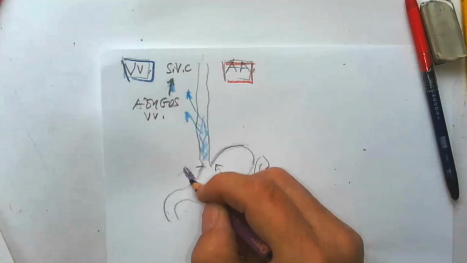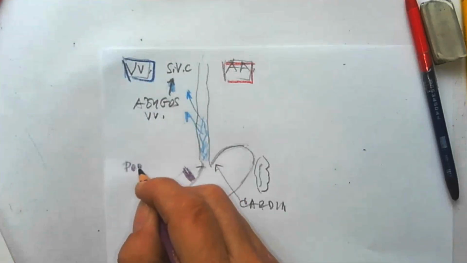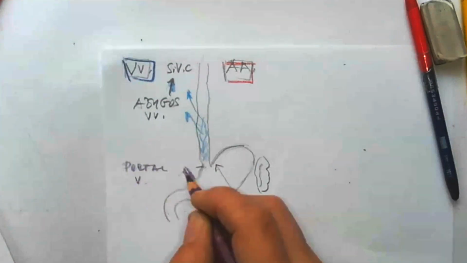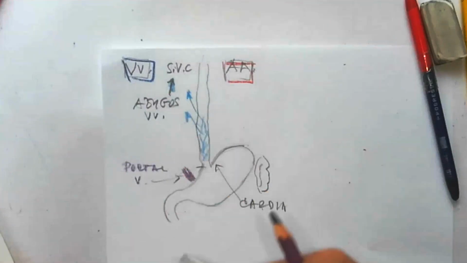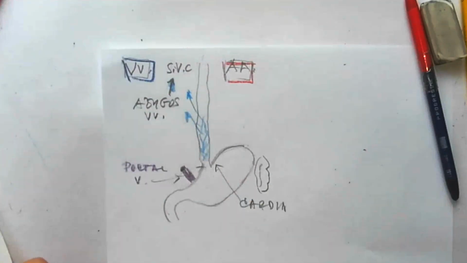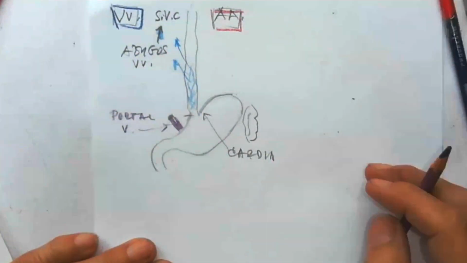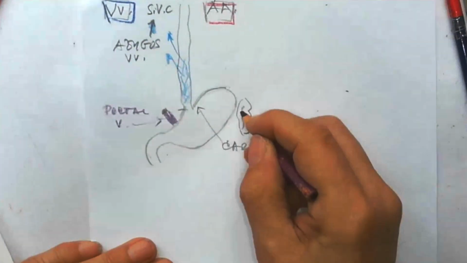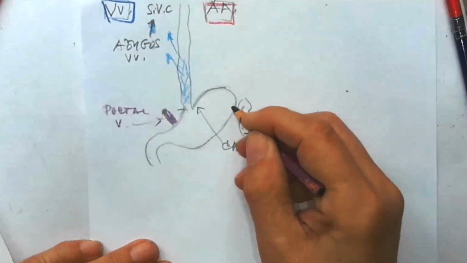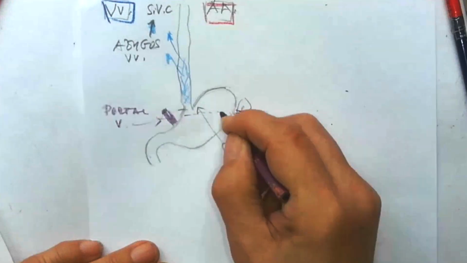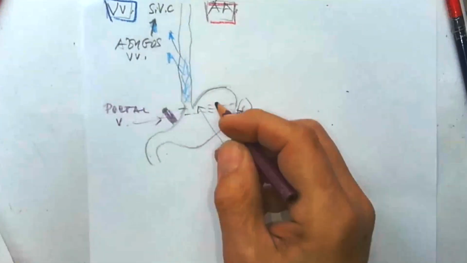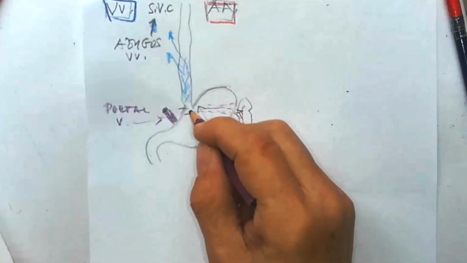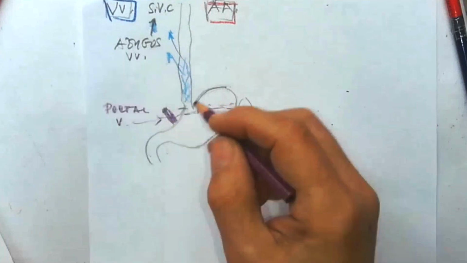Here we have the portal vein, which collects the blood from the unpaired organs of the abdominal cavity. They are the vessels that communicate. These are the short gastric vessels. They open into the portal vein.